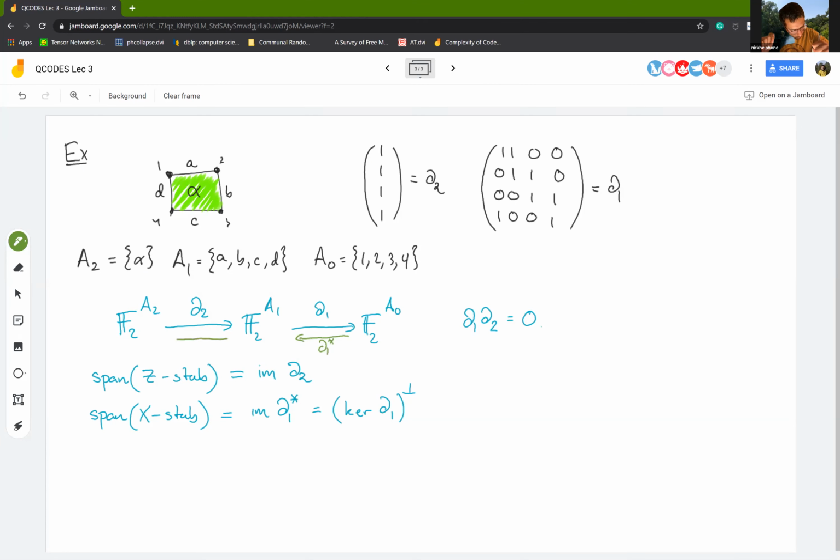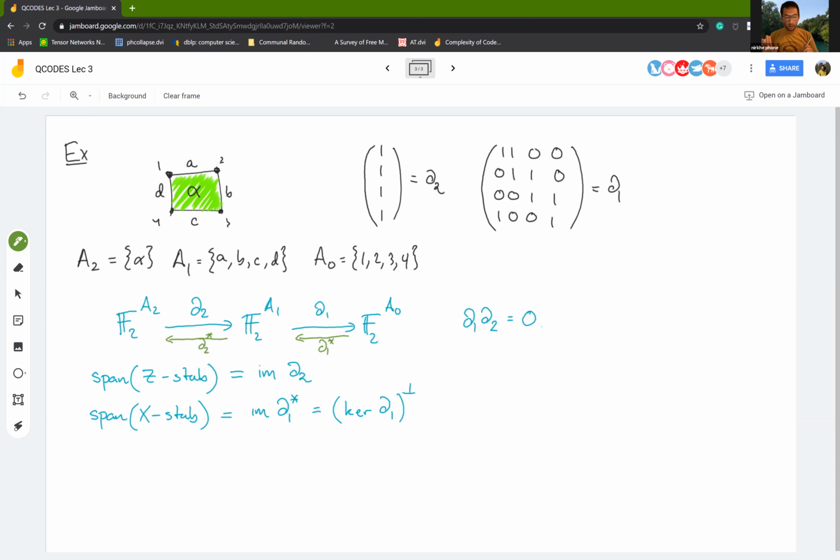And analogously, there's going to be a delta 2 transpose here.